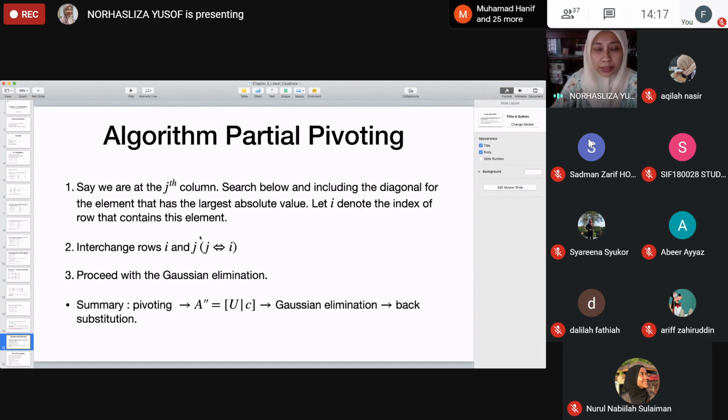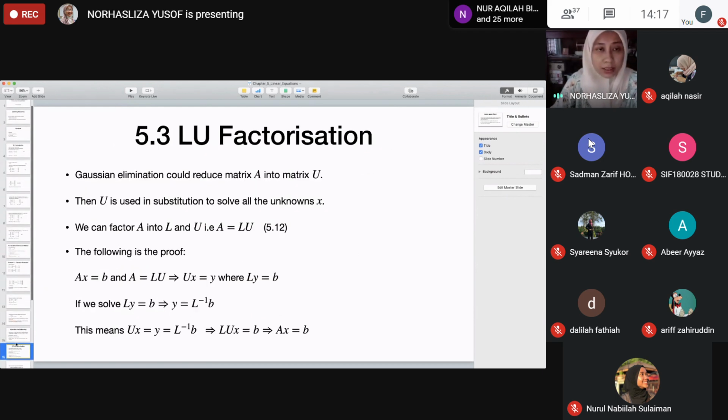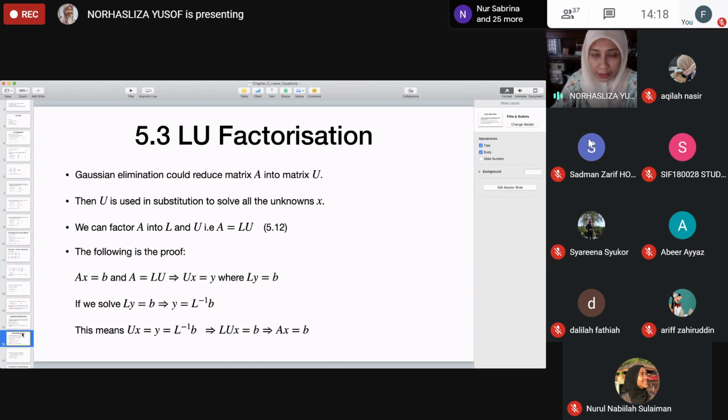After that you proceed like normal Gauss elimination. So that is for Gaussian elimination and pivoting. Next, we have what we call LU factorization. LU factorization comes from the Gaussian idea, but it allows faster computation.